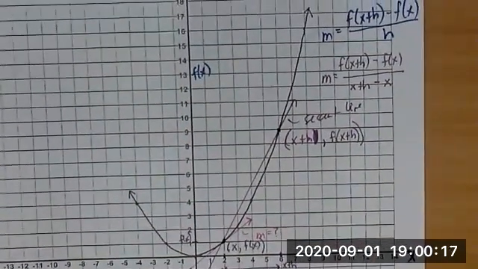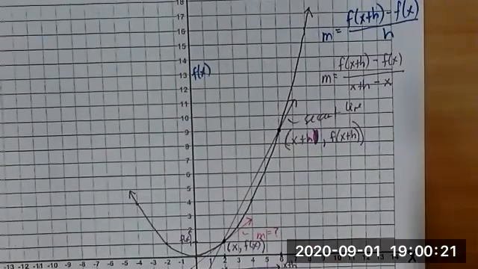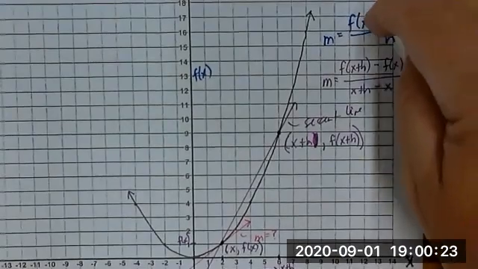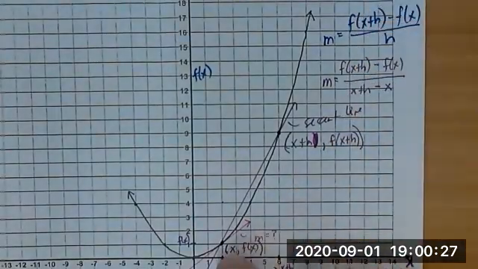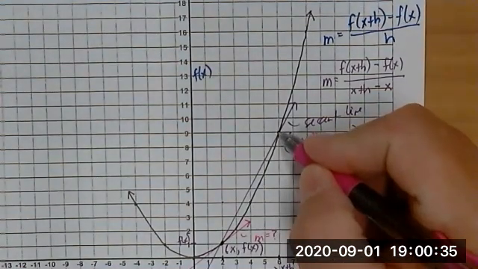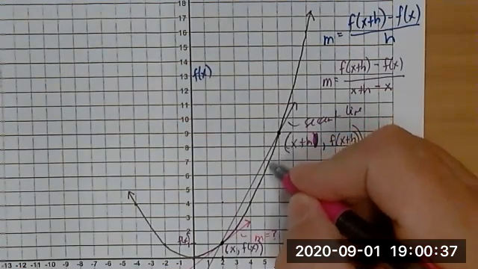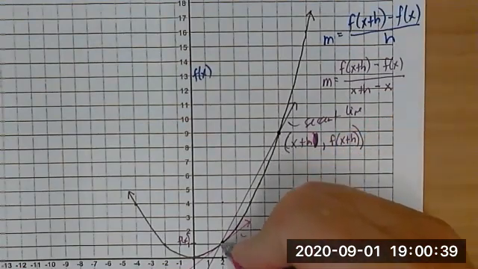However, there's one thing we can do to make the slope of our secant line look more like the slope of our tangent line. And you know what we can do? We can try and move our second point closer to our first point.